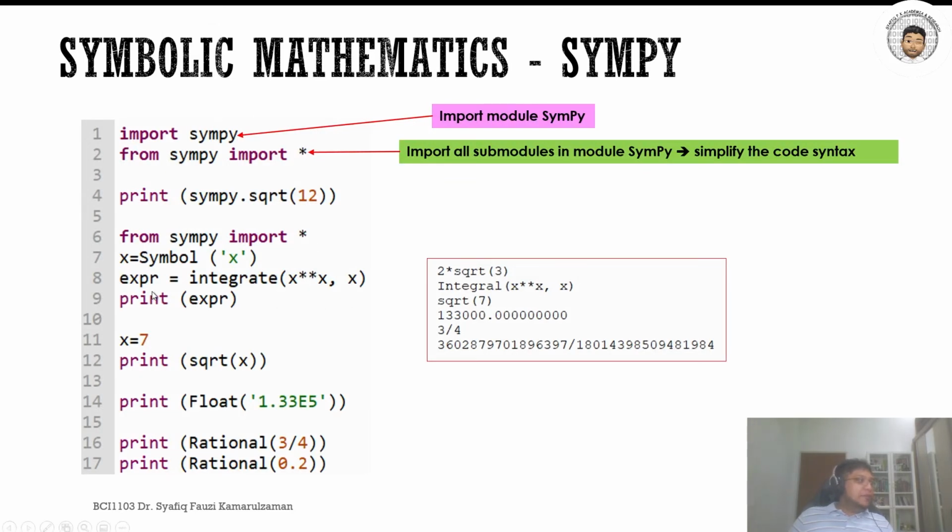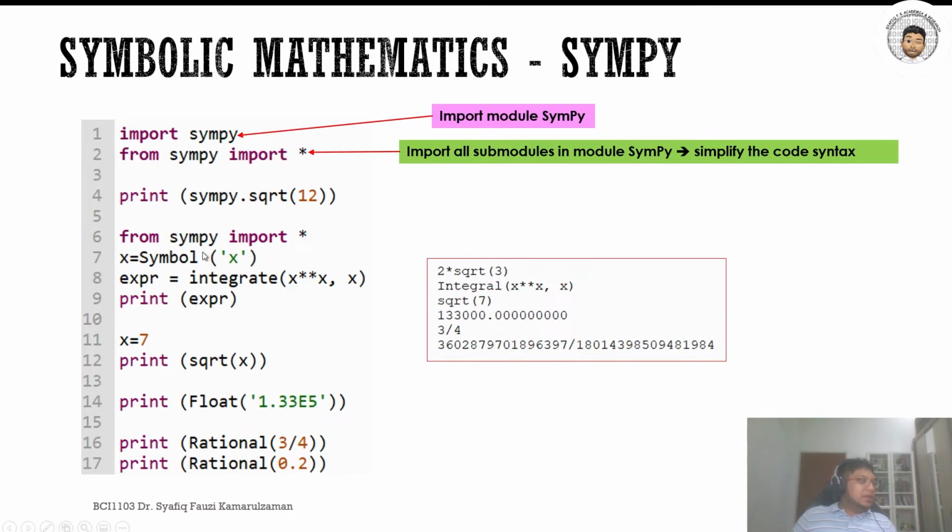For example, when you import the module SymPy, it simplifies the code syntax. If you use from SymPy import here, all the submodules you can use directly. You don't have to use SymPy dot here. You can import directly, like x equals symbol x.